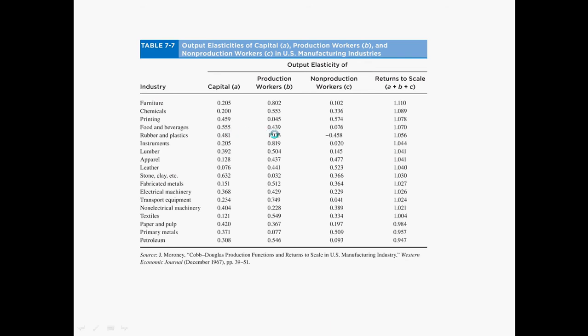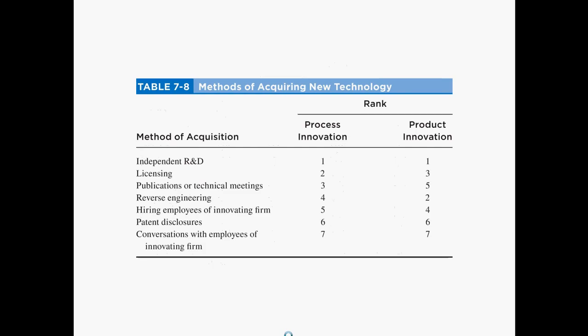Rubber and plastics, non-production workers are getting in the way, so the fewer you have, the more you produce. So anyway, somebody's trying to apply this and trying to figure out in different industries how capital and labor contribute to the production process. Okay.